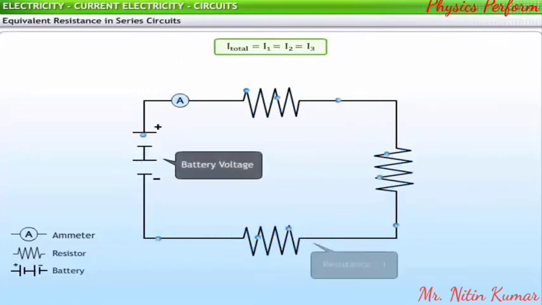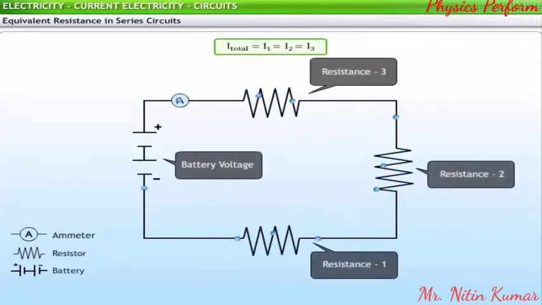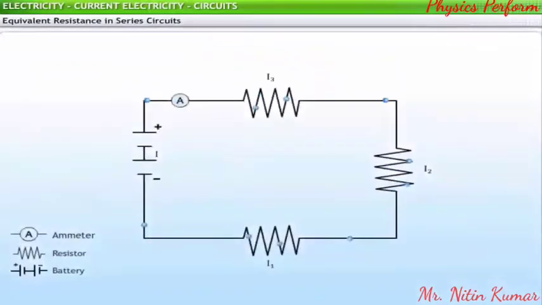You can calculate the current if the battery voltage and the resistance of individual resistors are known. Using the individual resistor values and the equation above, you can compute the equivalent resistance.